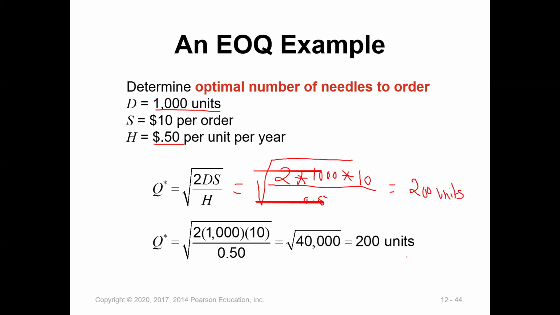So Q star is the square root of 2DS over H. 2 times 1,000, which is the D, times S, which is 10, divided by 0.5. The square root of 40,000 is 200 units.